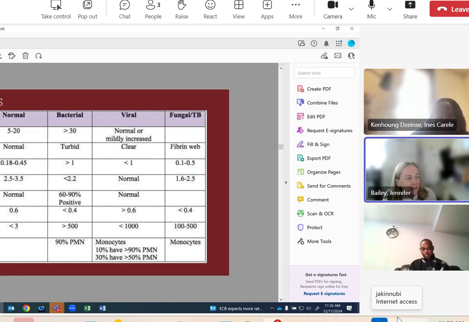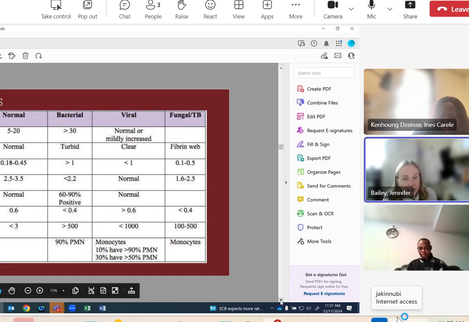By looking at the numbers from the CSF analysis, sometimes it can help you to figure out if it's likely a bacterial infection, viral infection, or fungal infection. So for remediation purposes, we don't need to get that detailed, but you probably will see this and revisit this in APPEs.